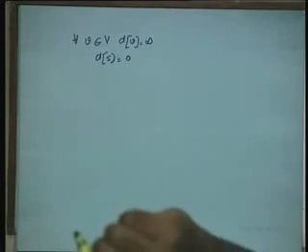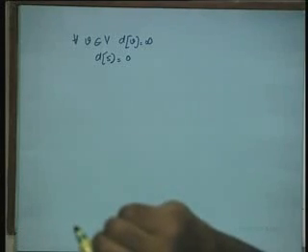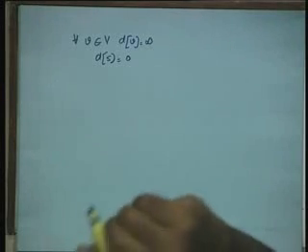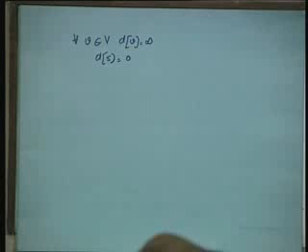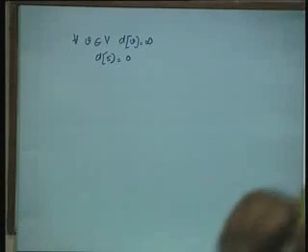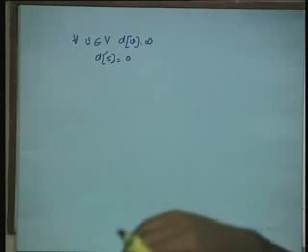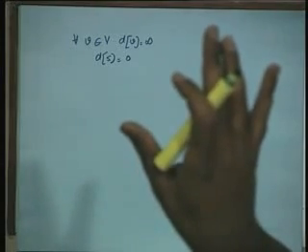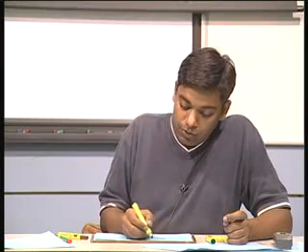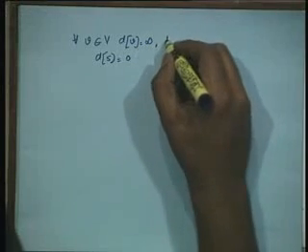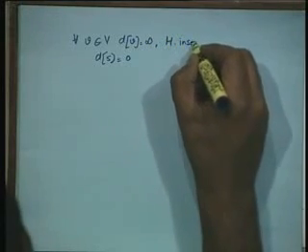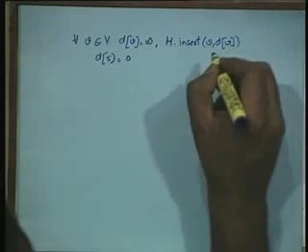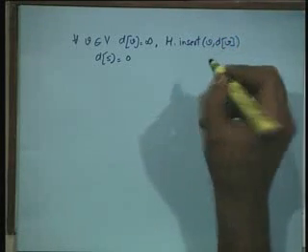Now what should I do? Right, at any step I should take the vertex with the smallest distance label. So all of these should be put into a heap. So for all v belonging to V, d of v equals infinity and h dot insert v comma d of v.